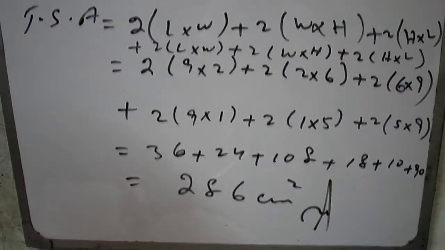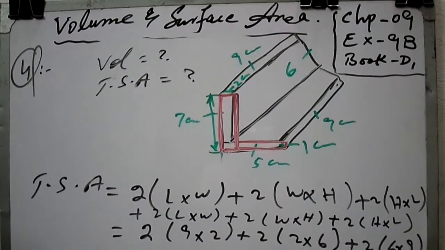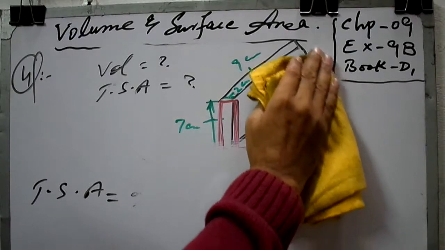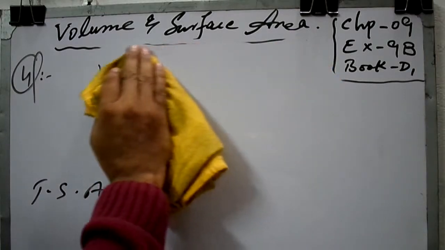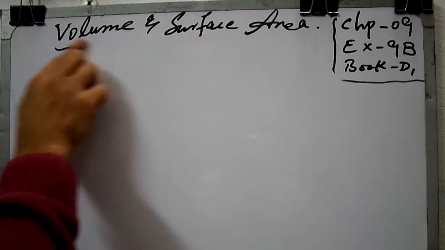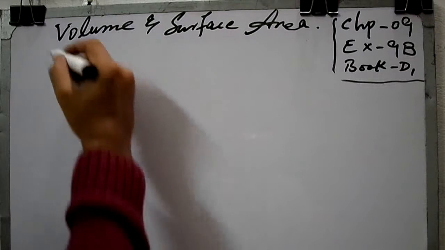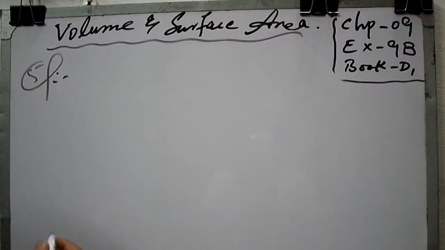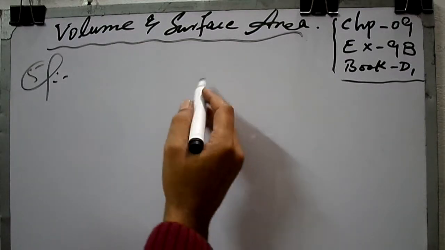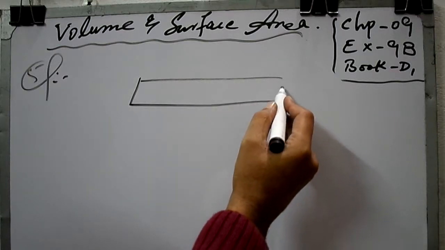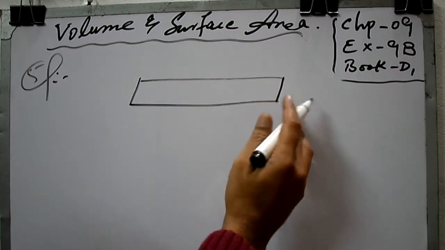Now coming to question number 5. Once again you have been given the configuration. First of all, in this exercise chapter, the configuration is very much necessary. Without configuration we cannot judge what to do with these questions. The configuration is given to you, you can see the diagram.